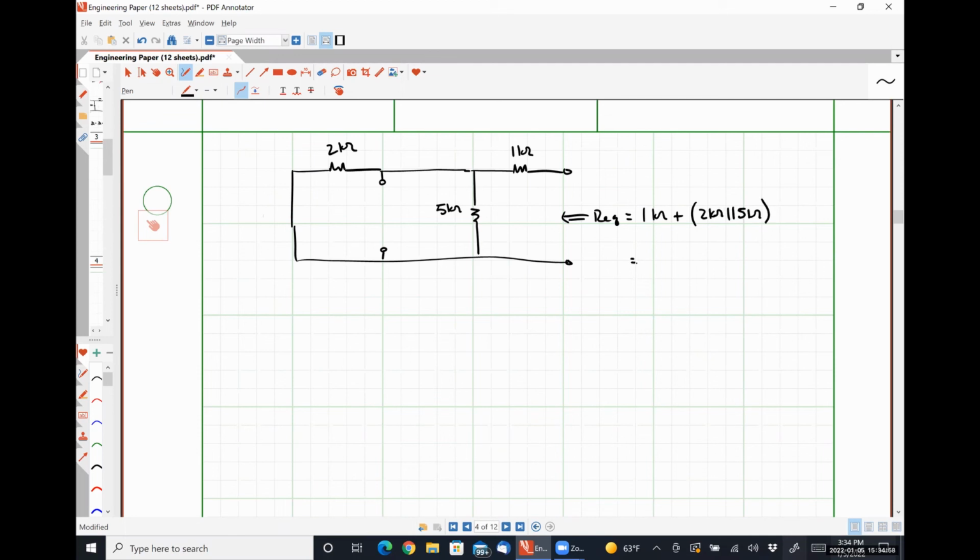So that's 1 plus 10 over 7. 2.429 kilo ohms, which I believe is the exact same answer that we calculated, only knowing the Thevenin equivalent voltage and the Norton equivalent current.